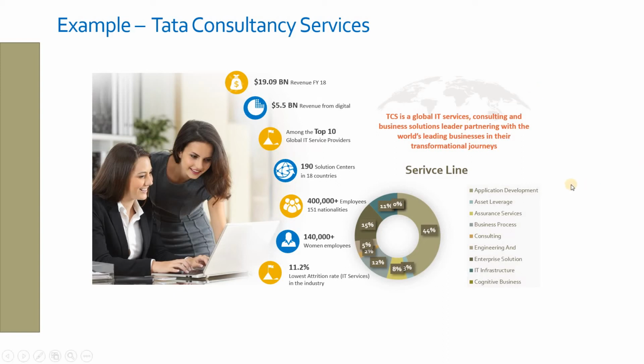And also I put in the service lines here. Now you can see this picture is saying many things. Service lines are here, revenue is there, employees are there, and also you can see I put in one donut graph here, showing the service lines. Application development 44%, you can see they are showing that these are the service lines, but the maximum they are doing, they are focusing on application development more than the other services.